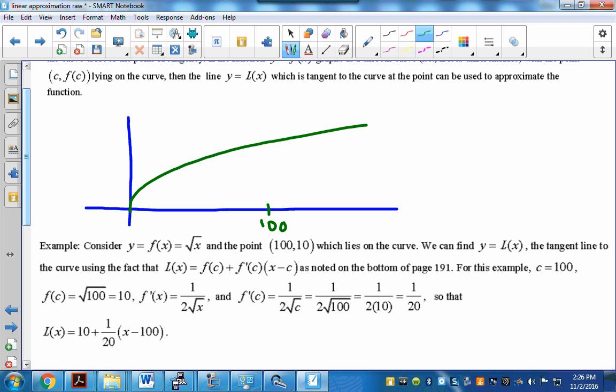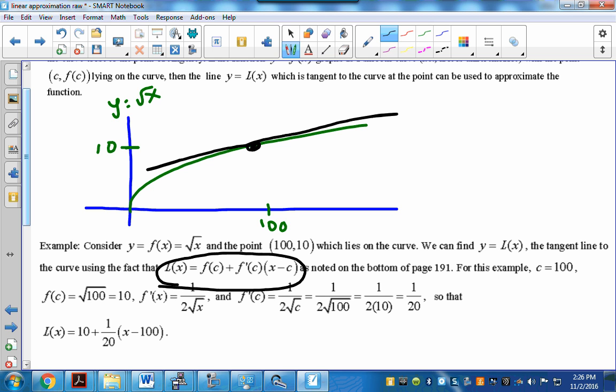If this is 100, then y is the square root of x is 10. And the task was to try to use this tangent line right here, that touches the curve at that point, to approximate the curve. And I sort of worked you through it here. Here's our tangent line equation again. Make sure you have that down.